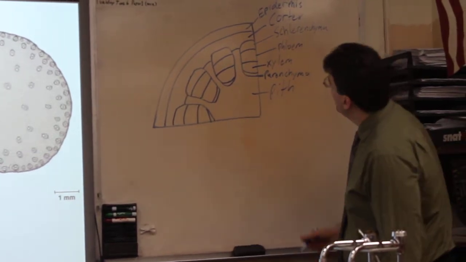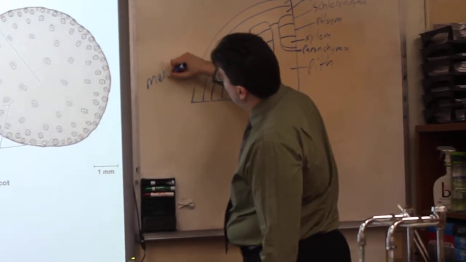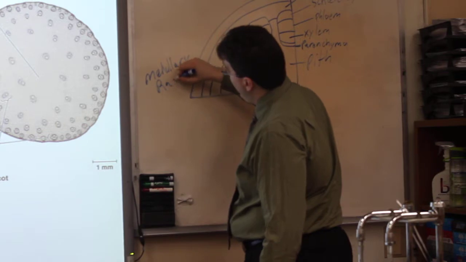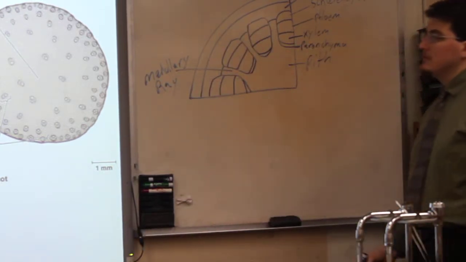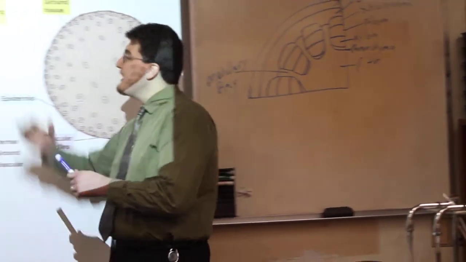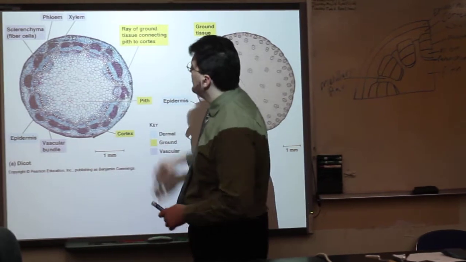Parenchyma. These in here will be a medullary ray. All right? So a medullary ray is a ray of ground tissue from the pith to the cortex, this stuff right here.